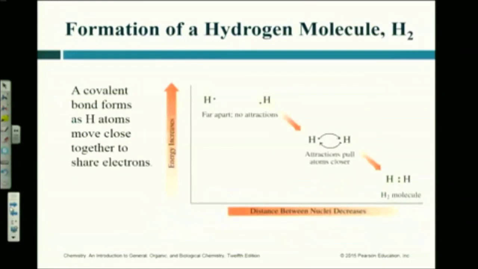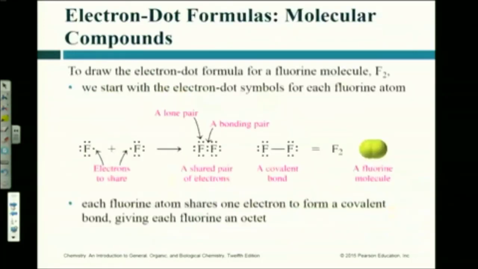Here's their drawing of the same thing. Here's fluorine. How many valence electrons does fluorine have? 7. It has 7. It's a halogen, right? When you look at this, look right here. What do you see when you look at that diagram? I see a lone dot that looks lonely, right? So what do you think's going to happen?